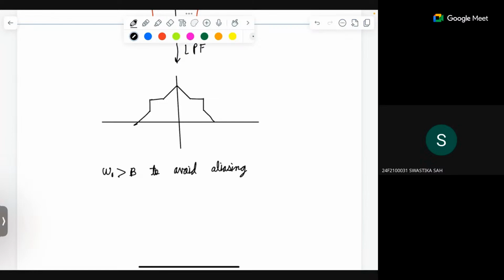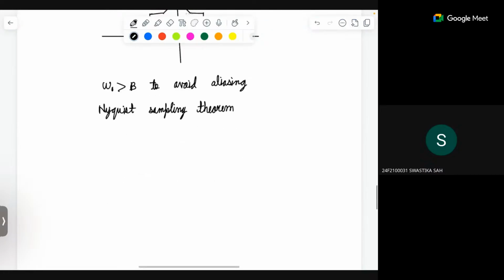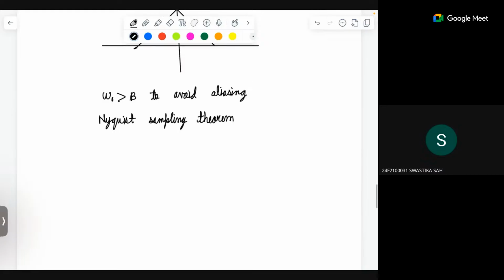And this comes from the Nyquist sampling theorem, which says how we can recover our signal, the frequency condition that should be there. But I think this will be covered in DSP, so right now, let us just let it be. Now we are moving on. Is this clear?